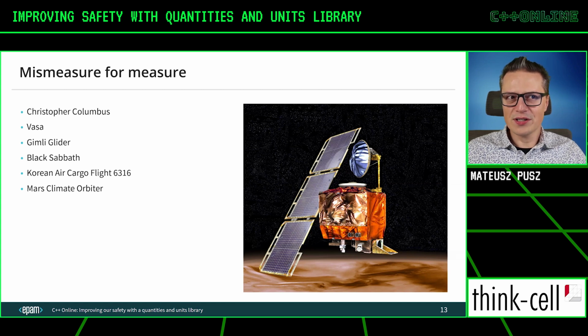What turned out is that there were 2 teams working on this project, NASA and Lockheed Martin. NASA was using SI units for its specification, while Lockheed Martin was using United States customary units. And when they tried to communicate through the interfaces, they provided incorrect numbers to each other. And because of it, the spaceship entered the orbit at the wrong altitude over Mars.